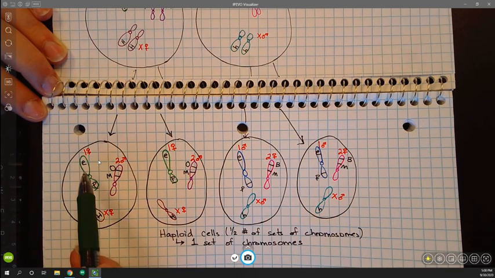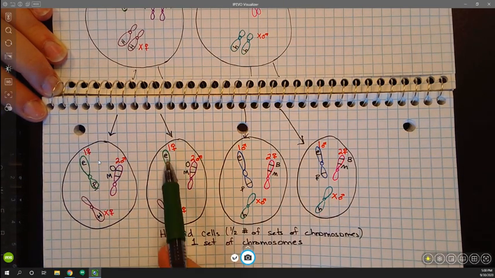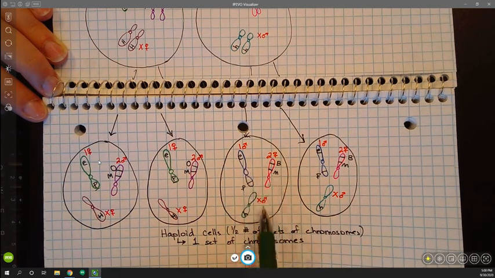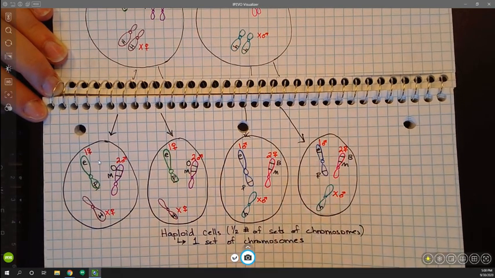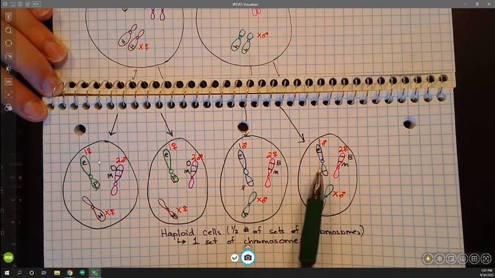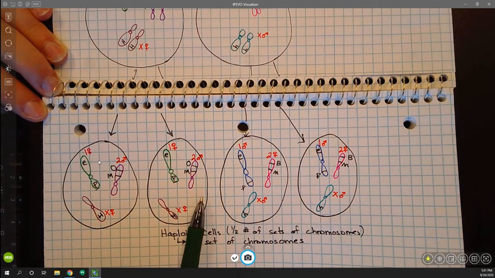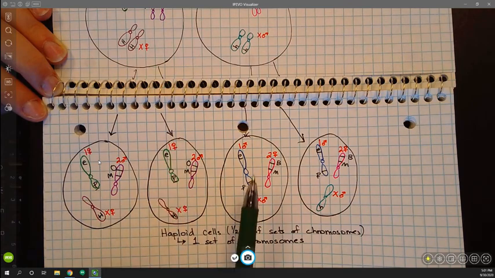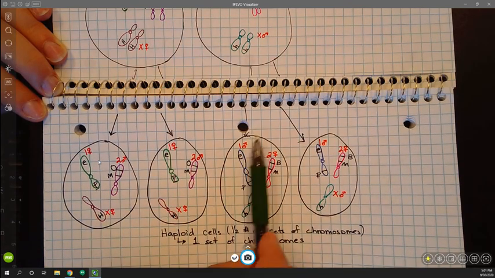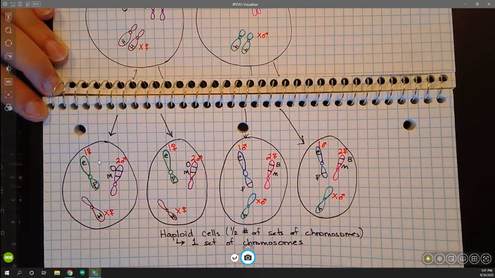Okay, so we've got one set of chromosomes here, one set of chromosomes here, one set of chromosomes here, one set there. You'll also notice that these two cells are identical and these two cells are identical. That's perfectly fine. But you'll notice that these two cells are not identical to these two cells.